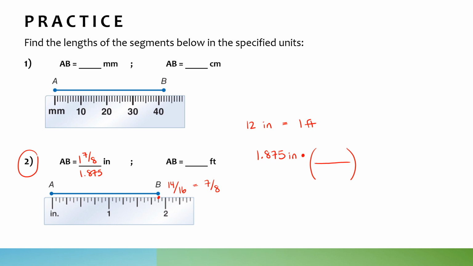In the numerator, I'm going to put the part of my rate with the unit I want to end up with, which is feet, so 1 foot. In the denominator, I'm going to put what that 1 foot is equivalent to in the units I have, so 12 inches. So really, I'm multiplying 1.875 inches by this ratio, 1 over 12, which is really the same thing as dividing 1.875 by 12.